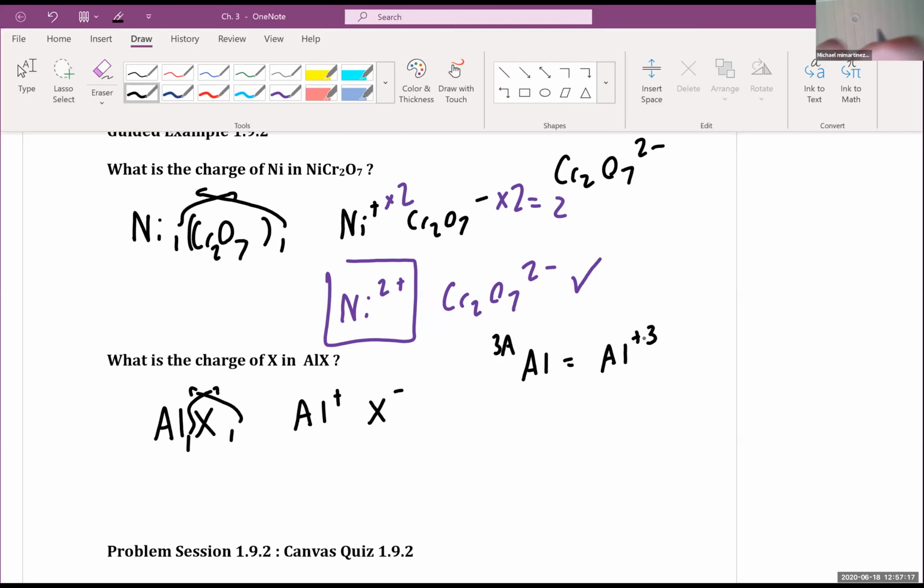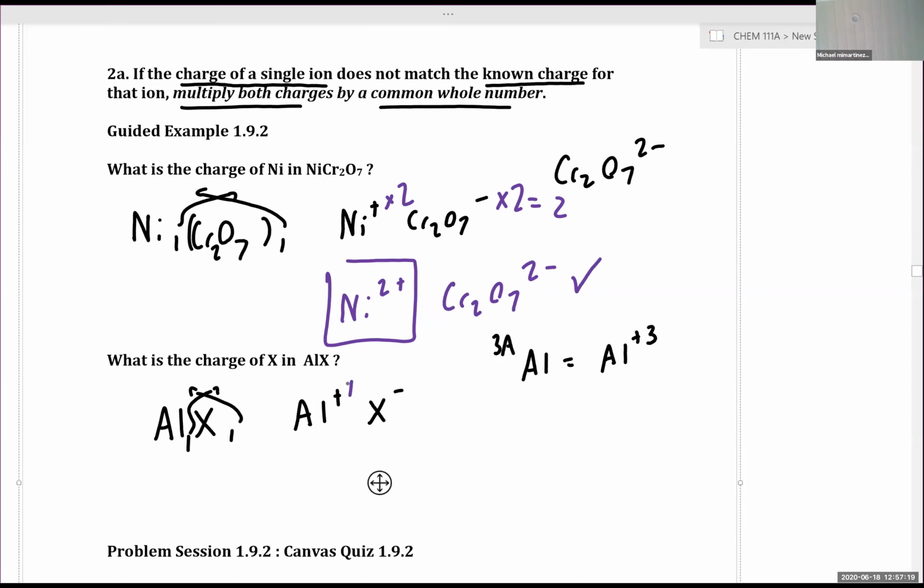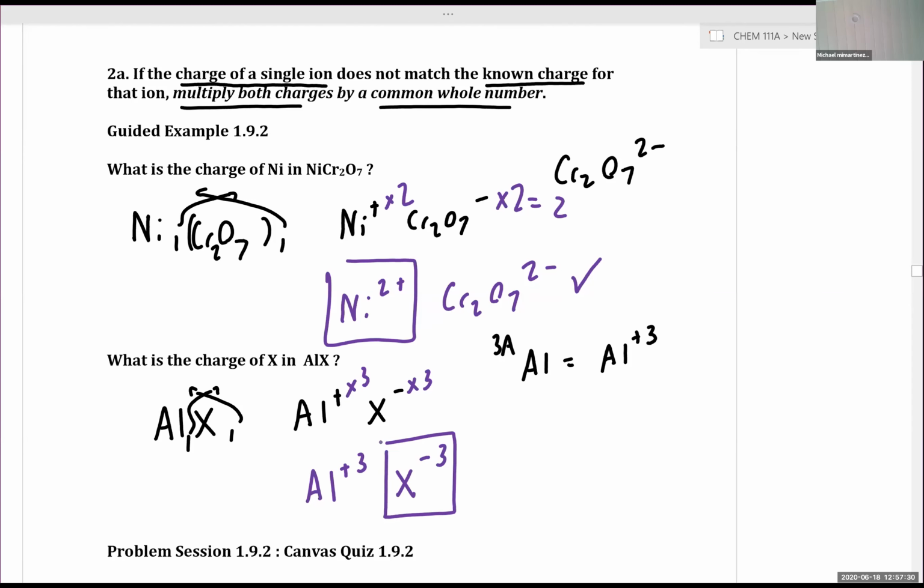So then what we're going to need to do is multiply all of our charges by 3. That gives us aluminum plus 3 and X minus 3. Does this make sense to everyone so far? You just want to make sure that your charges match the known charge for your anions.